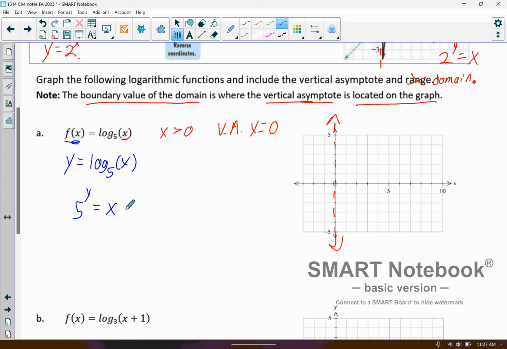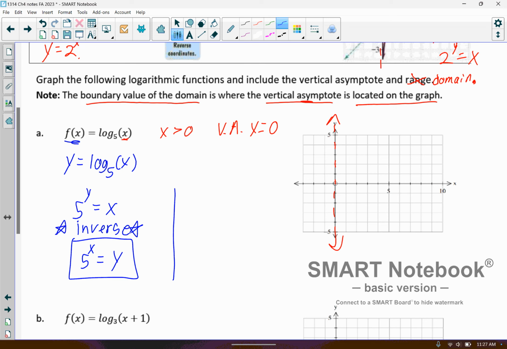We should hopefully be fairly familiar with that conversion. Now to find the inverse, we swap the x and y. So now it's 5 to the power of x equals y. This is the inverse function.